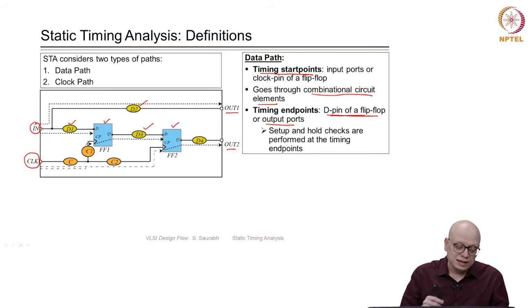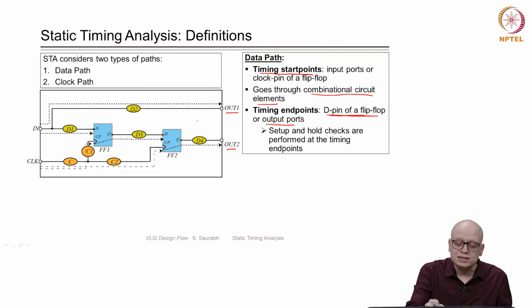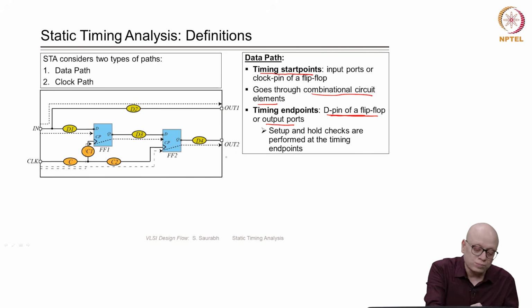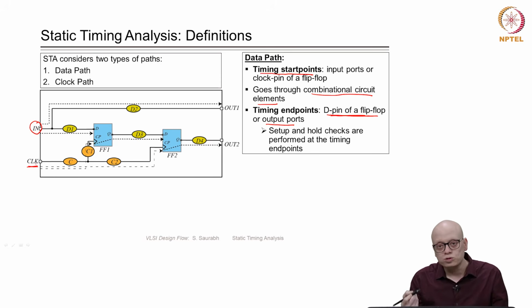Now, in this circuit, let us first identify the timing start points. The timing start points are the input port in. We are not considering clock as a timing start point because that is a special input port which we treat as a clock port.